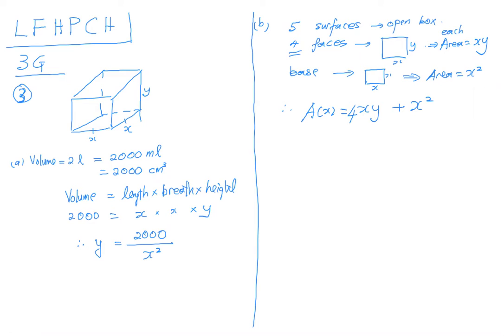So in an equation, I can have only 2 variables, that is x and the area. So I have to replace this y with this. So I put in 4x, then the y I have to replace with 2000 over x squared. This one you have to substitute.